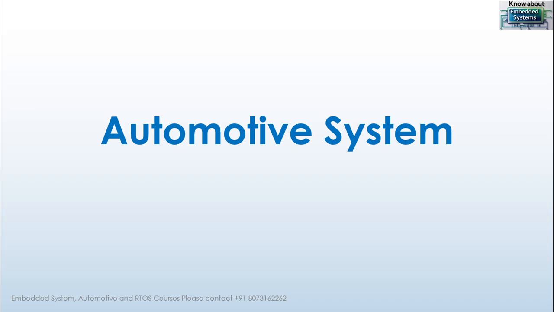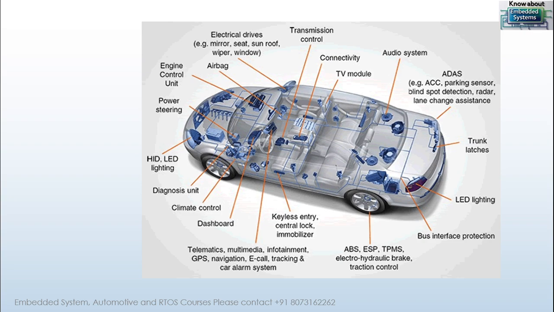Automotive systems. So guys, if you consider our modern cars, if you take any example of even Indian cars such as XEV 700, Tata Harrier, and Victoris, recently launched by Maruti Suzuki.